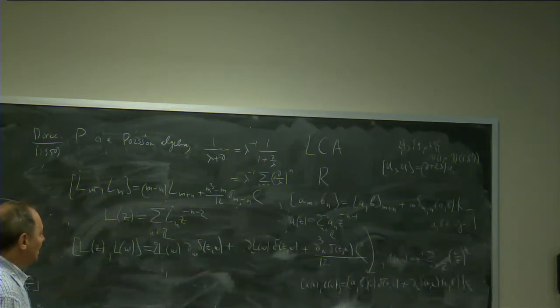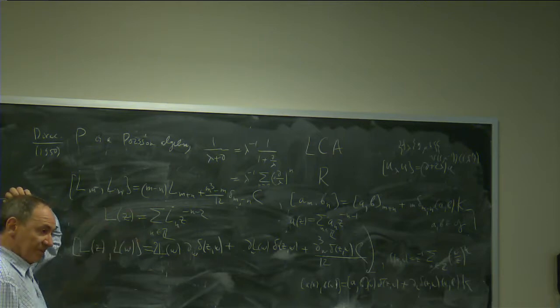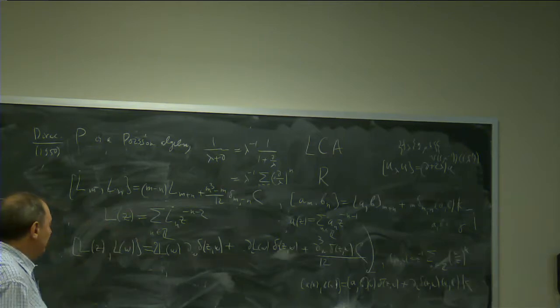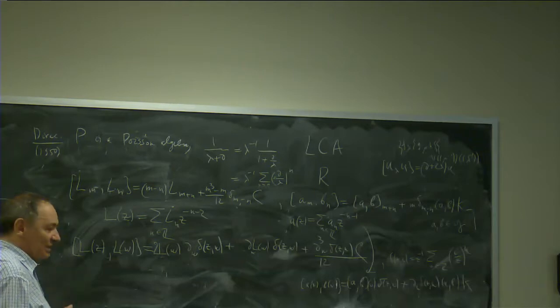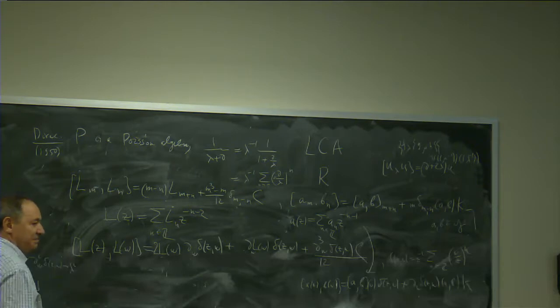So these commutation relations in terms of coefficients can be written in terms of this generating series. But after that you apply the Fourier transform, which basically means, as everybody knows, replacing the i-th derivative of delta by lambda to the i.